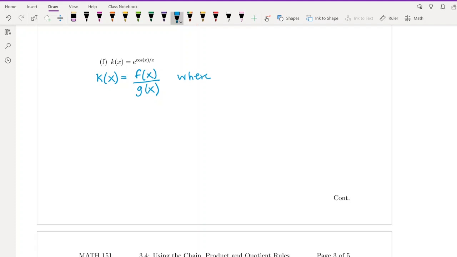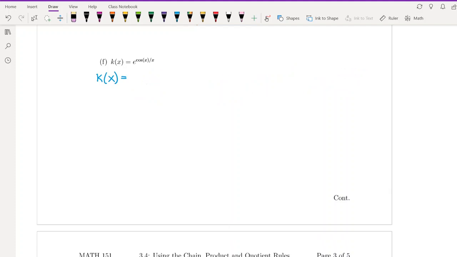You could guess maybe f of x is equal to e to the cosine of x and g of x is equal to x, but if you divided those, you'd get e to the cosine of x over x, which isn't what we want, right? We want the over x to be in the exponent. So this is not on its outermost level a quotient.